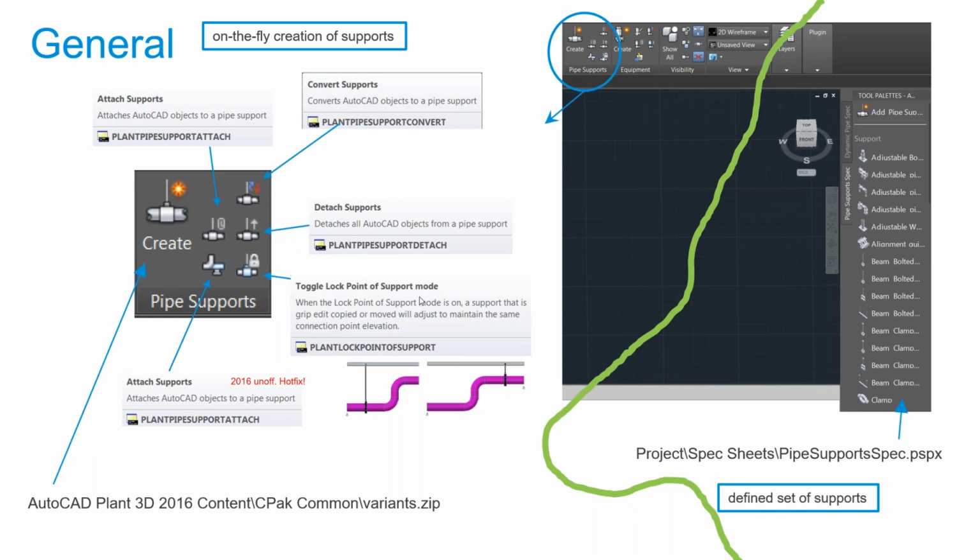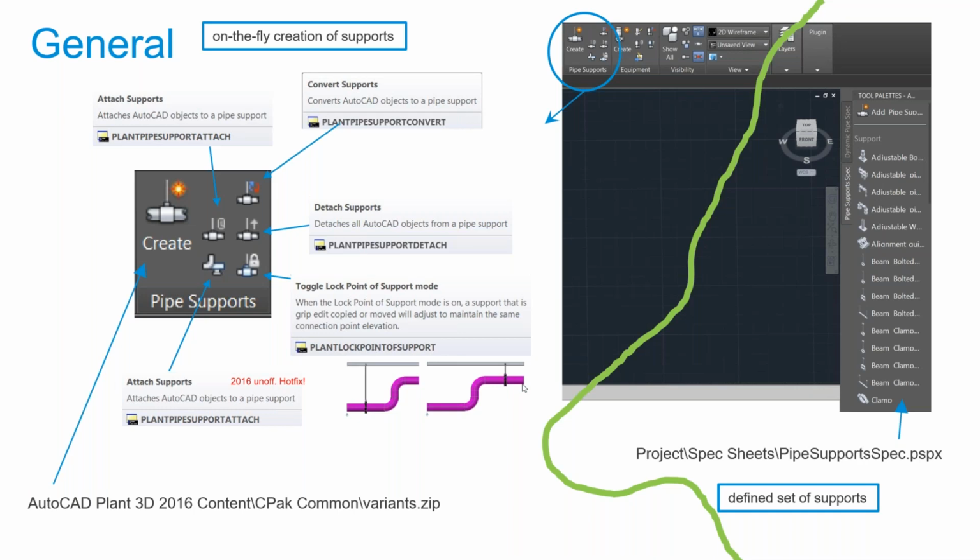A function maybe not so much used is toggle lock point of support mode. Just read what they say here. When the lock point of support mode is on, a support that is grip edited, copied, or moved will adjust to maintain the same connection point elevation. As you see from this little picture below, if you have this lock on and you move this support from the left side to this upper level on the right side, it will automatically adjust the length.